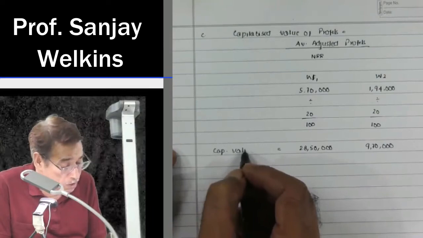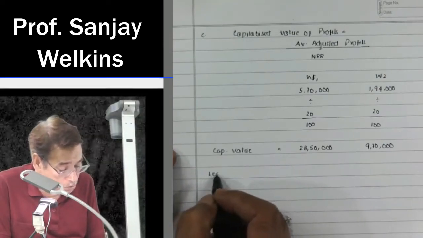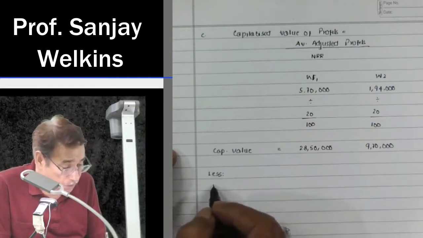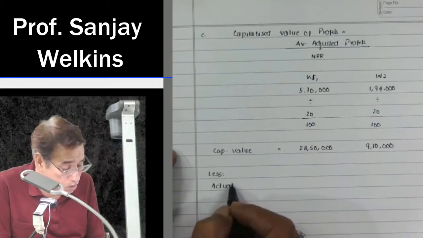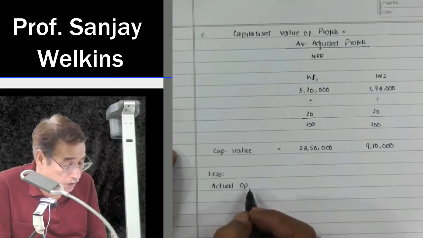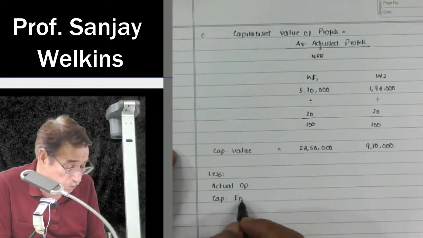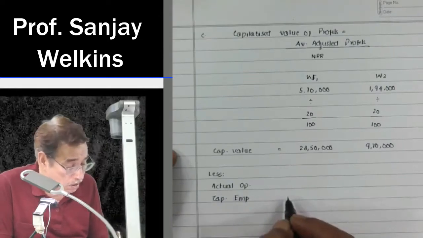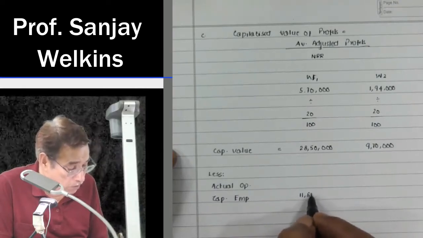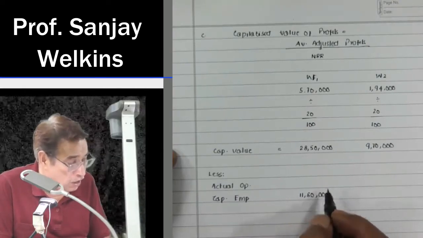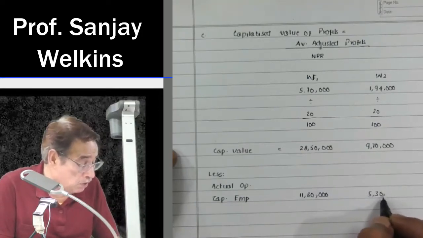And from this value, I am going to subtract actual operating capital employed, which we computed under first step. Under first step, we computed our actual operating capital employed was 11,80,000 and it was 5,30,000.